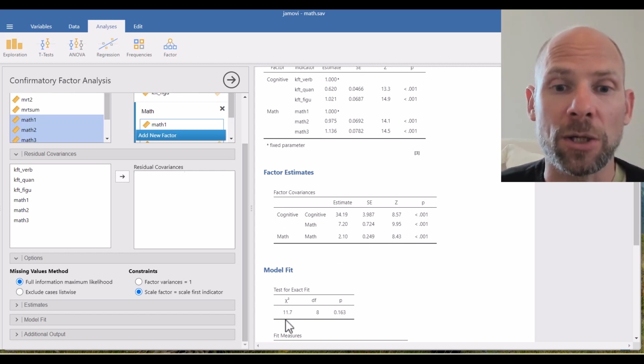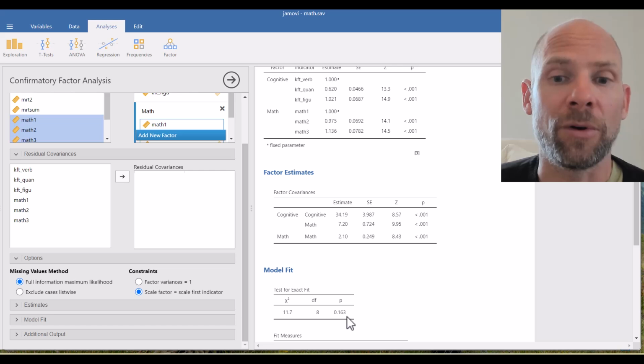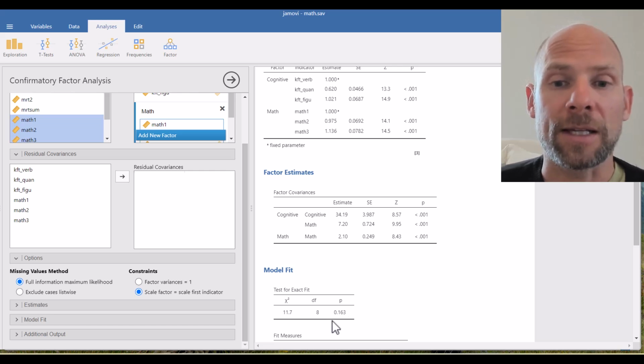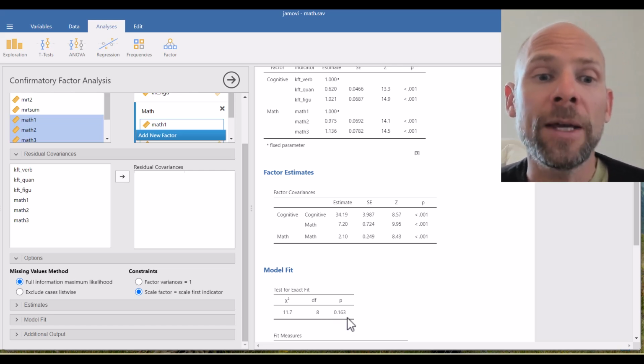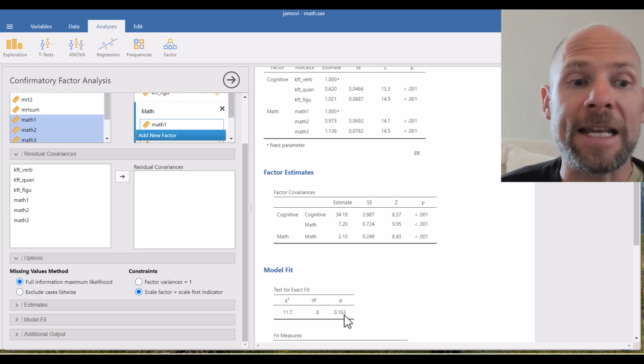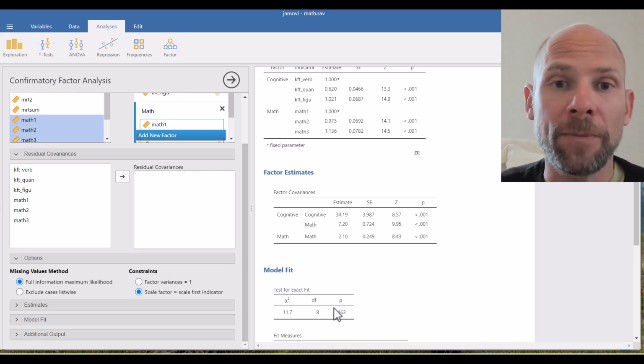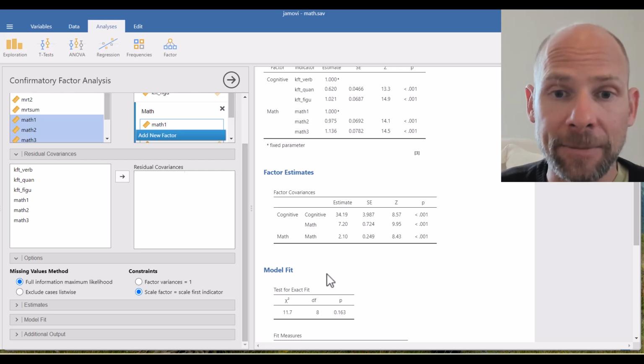It doesn't change the model fit. You can see our chi-square is still 11.7 with 8 degrees of freedom and a p-value of 0.163, so that doesn't change anything there. Also, it doesn't change the standardized solution, which we haven't seen yet.